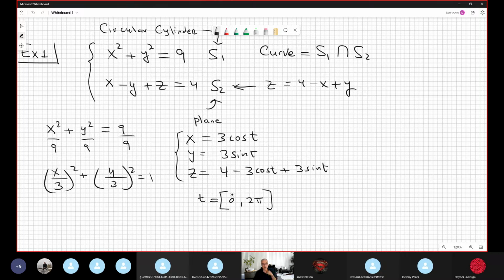Okay. And now, if you want to represent it like a vector valued function, okay, no problem. r of t is equal angular bracket 3 cosine t, comma 3 sine t, comma 4 minus 3 cosine t plus 3 sine t.